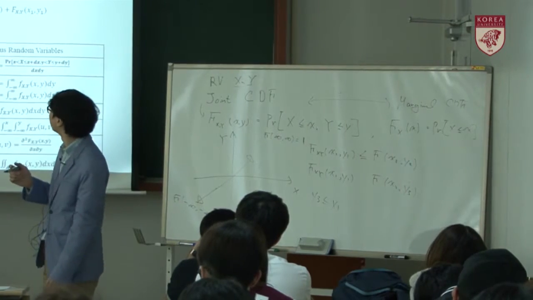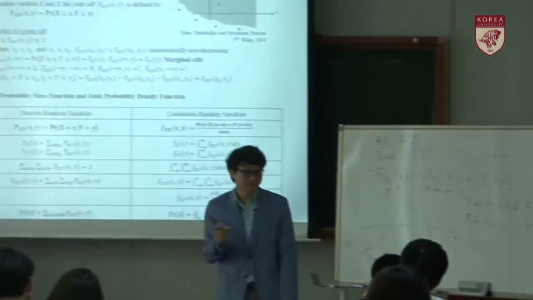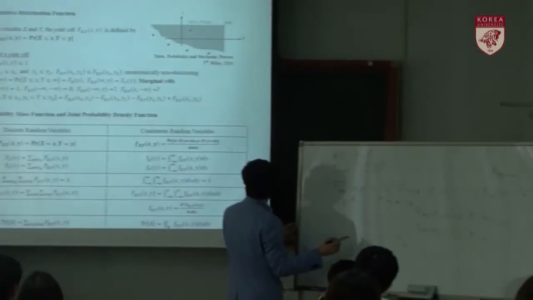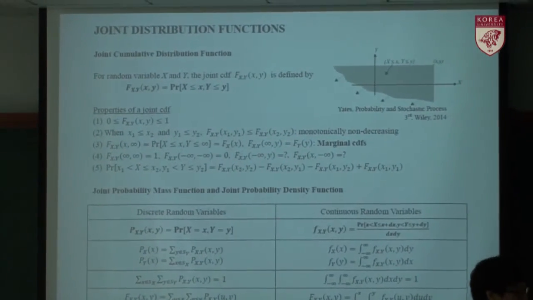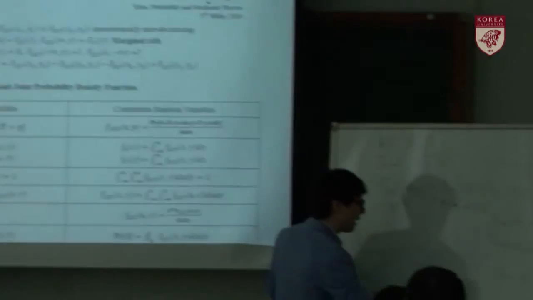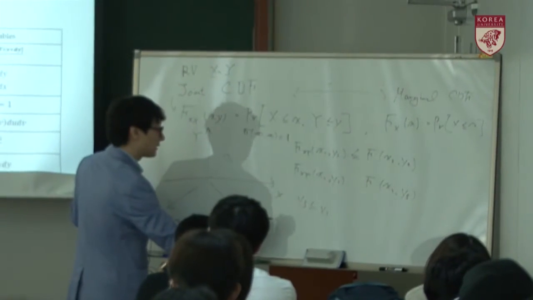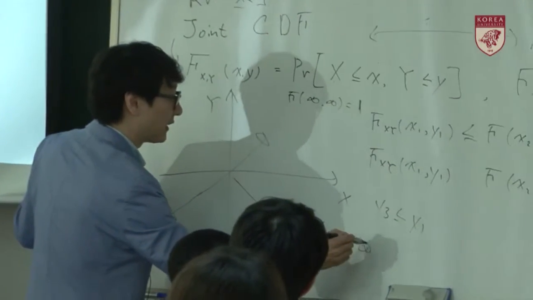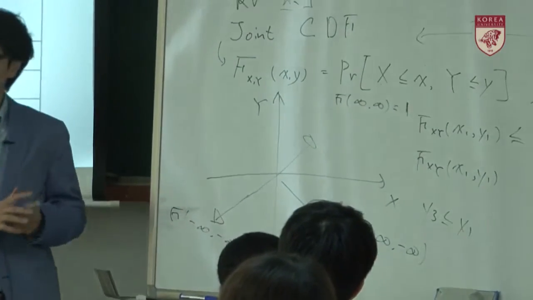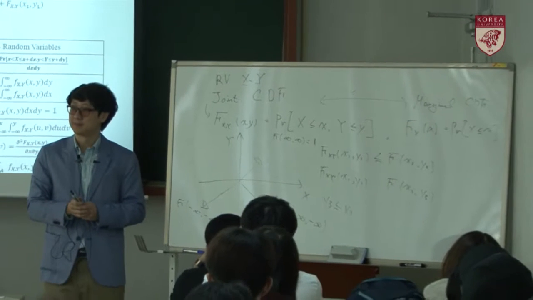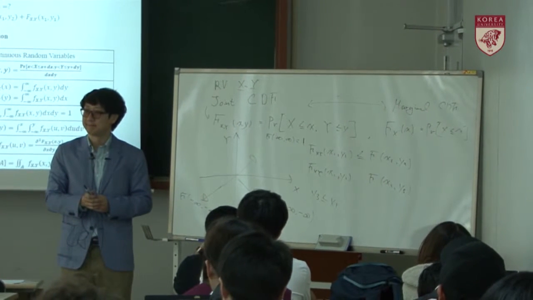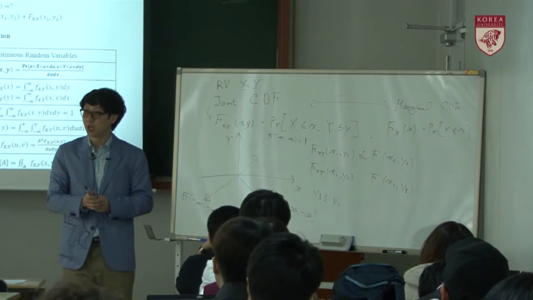Then the tricky part is what happens if we go in this direction? That means F of x is infinite and y is minus infinite. What's going to be this value? Undefined.